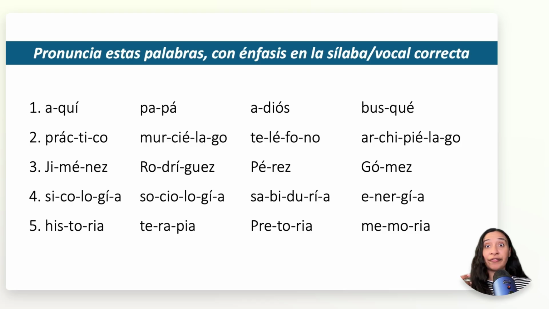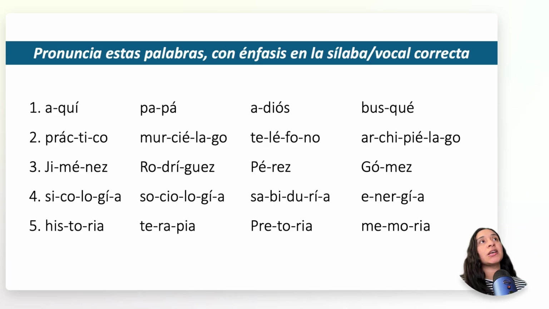You can use your phone and try to record yourself pronouncing them, and then check if what you have done is fine. After you pause the video, record yourself, and then play the video, because I'm gonna read all the words for you to listen to them and check if you do the exercise that I'm saying.